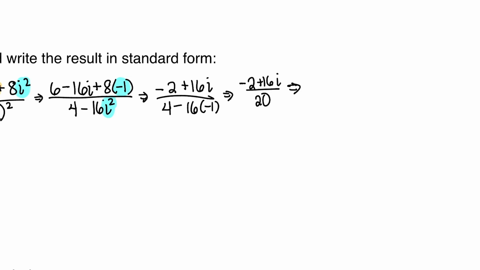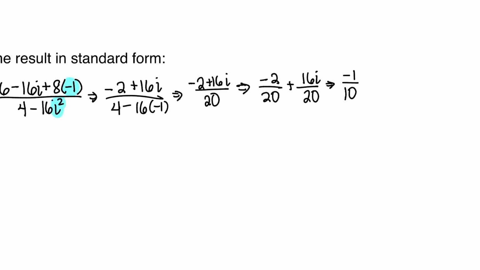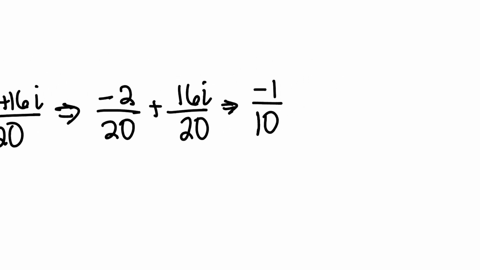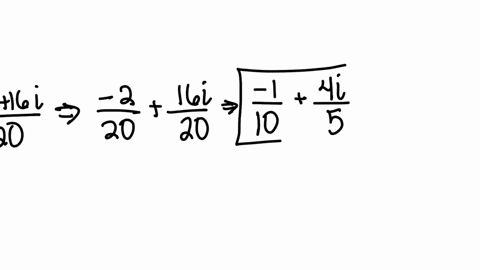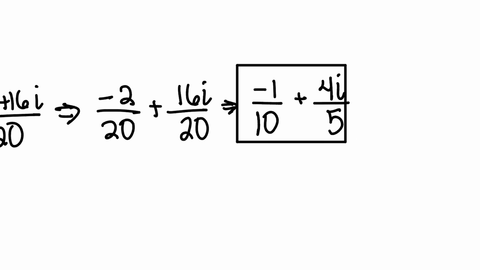It's also more appropriate to write our real numbers separately from our imaginary numbers, so I'm going to do both of those things. Our real portion can simplify by 2, and it actually looks like our imaginary portion can simplify by 4. So this is our final answer.